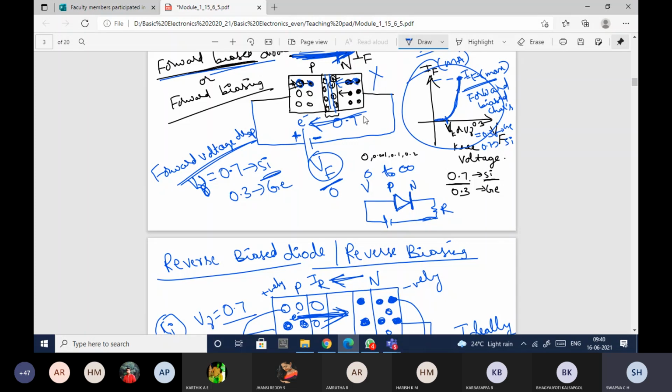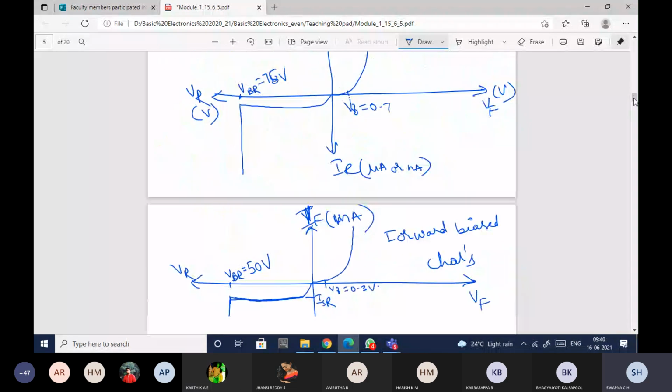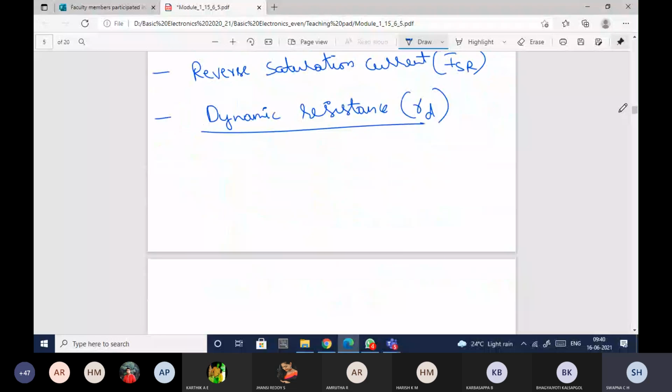Let us calculate the dynamic resistance for the forward characteristics. Here we are varying VF from 0 to some certain voltage which will not exceed IF maximum. When there is change in the voltage, you get the forward characteristics in this way.